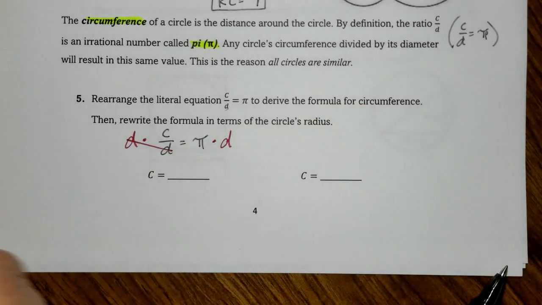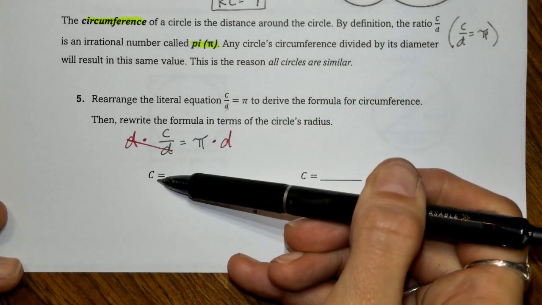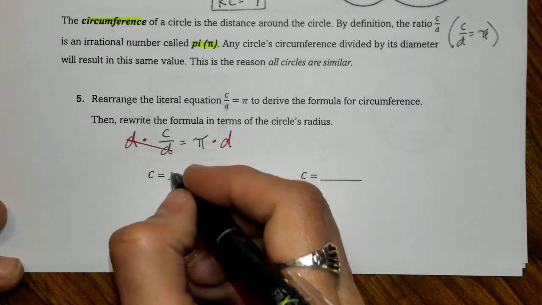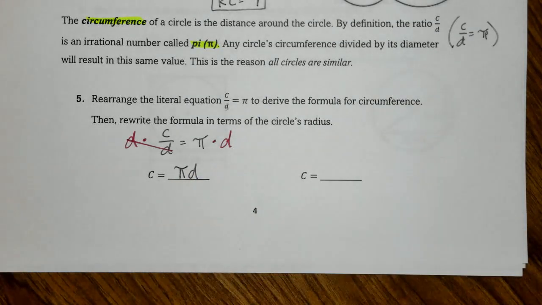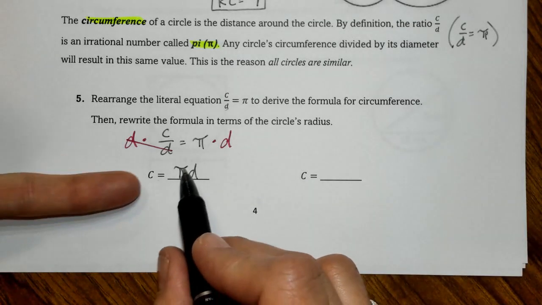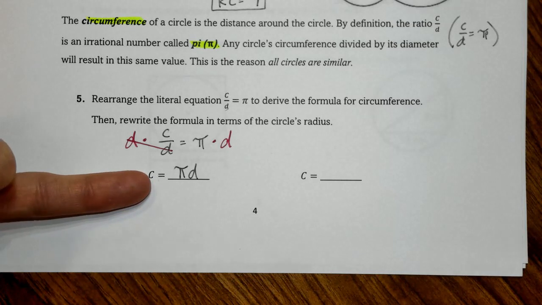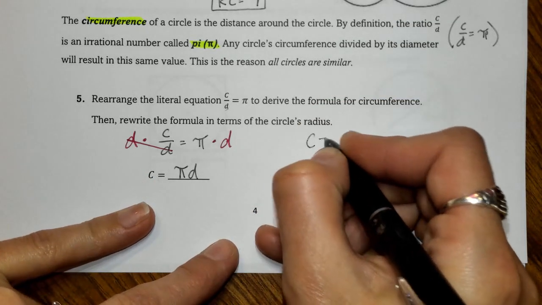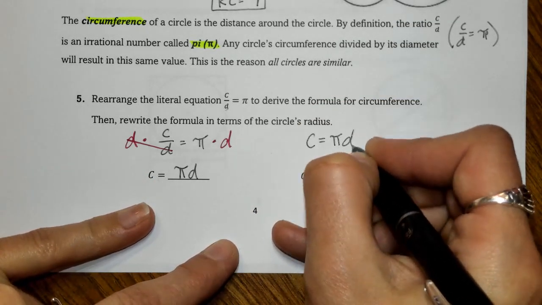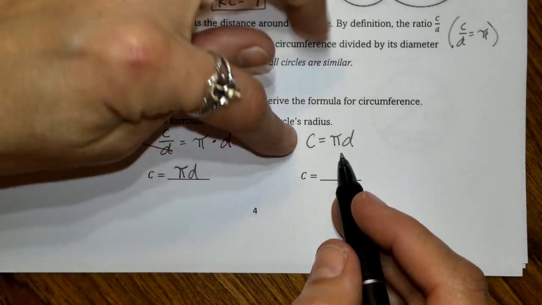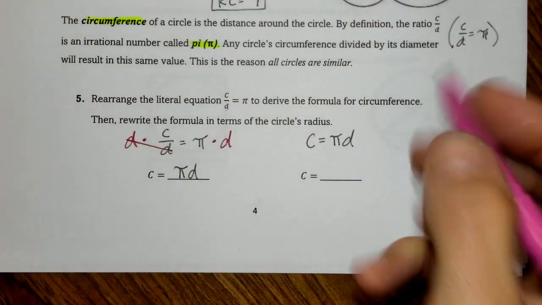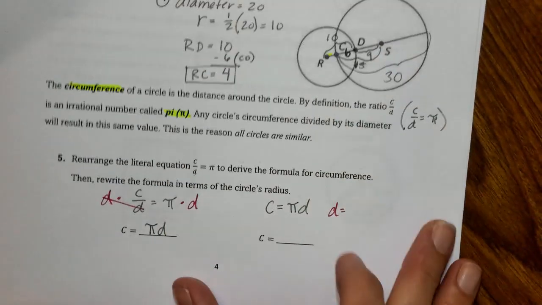That cancels, leaving us with just the circumference. And over here, this is where we get the formula of pi times diameter. All right, so let's go ahead and take this and transfer it to our other formula for circumference when we use the radius. Let's start off with the circumference is pi times the diameter, what we have here. And we need to remember that diameter, as we discussed all the way up here, is 2 times the radius.